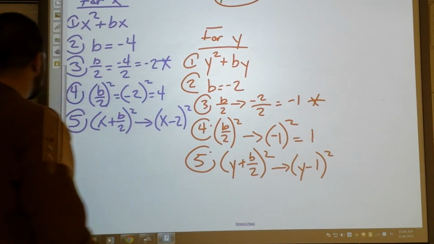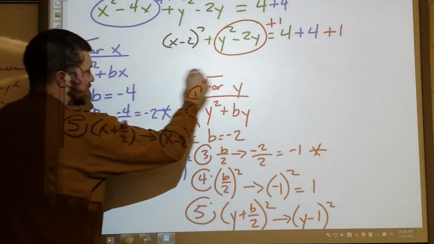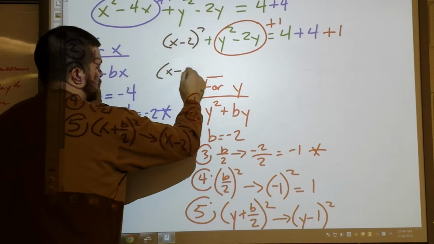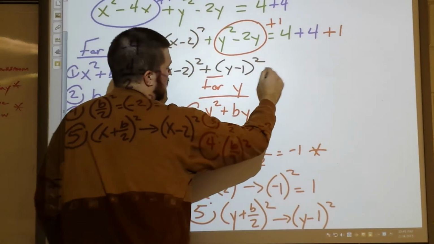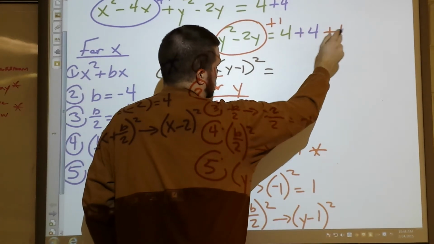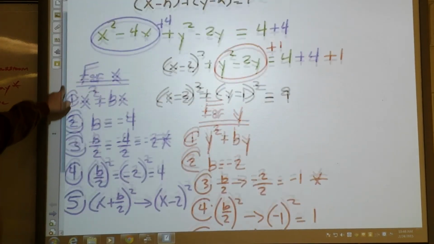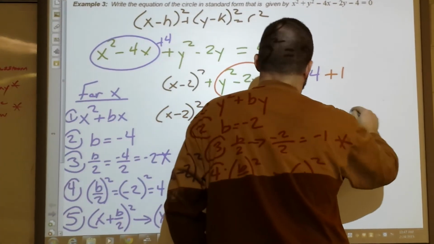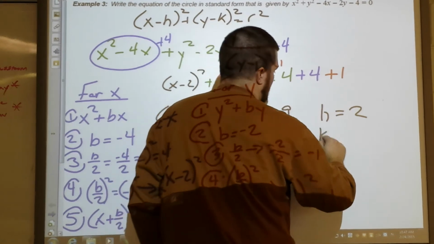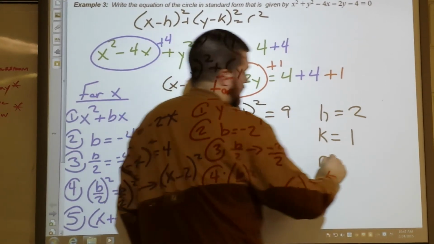So this piece right here now becomes x minus 2 squared plus y minus 1 squared equals 4 plus 4 plus 1, which is 9. So now I have my equation of a circle that looks just like this. I now know that h is 2, k is 1, and my radius, which is the square root of 9, is 3.